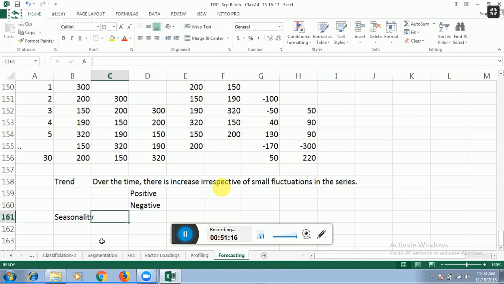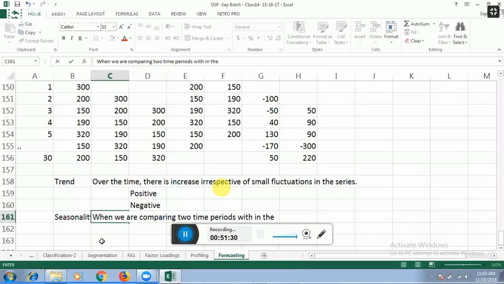Seasonality is basically when we are comparing two time periods within a year, less than or equal to a year. What does that mean?